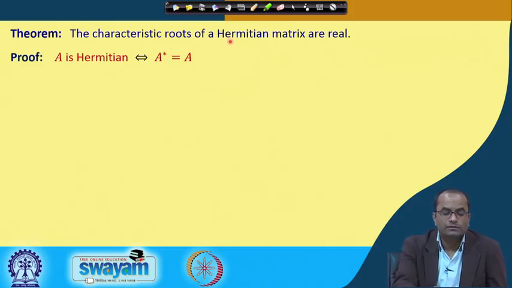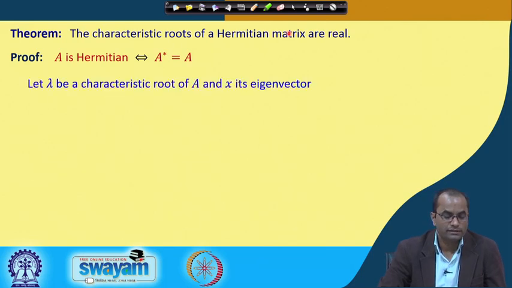Here we have at least the result for the Hermitian matrix that all the characteristic roots are real. So, if lambda is a characteristic root of A and x the corresponding eigenvector, then we will show that this lambda has to be real.